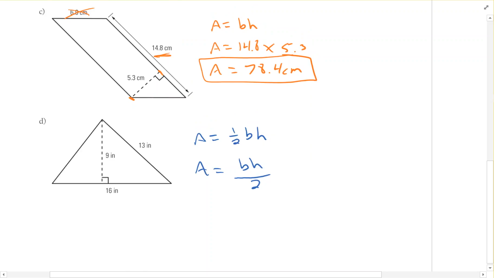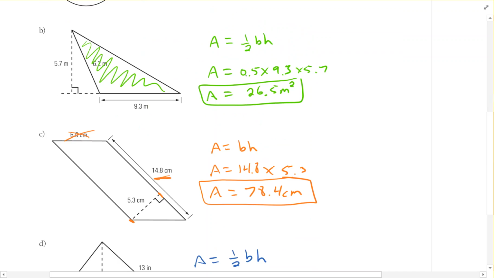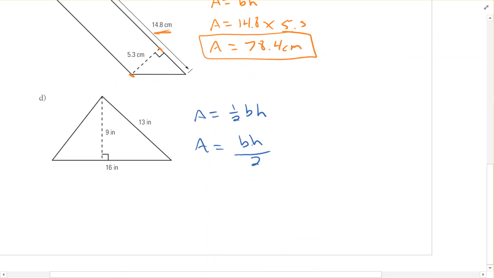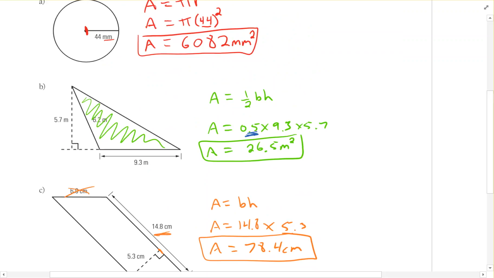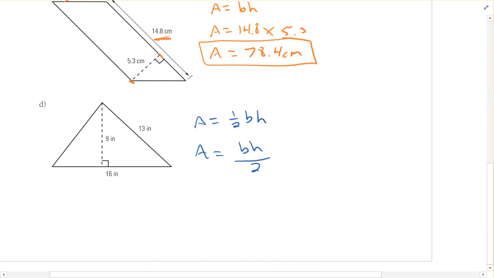So in this one up here, we went 0.5 times those things, right? You get the same answer if you go 0.5 times base times height, or if you go base times height and then divide it by 2. It doesn't matter which way you do it. So whatever way you like better, if you like to write it like 0.5 instead, great. If you want to write it like this and then divide the base and the height by 2, great. It doesn't matter which one you do.